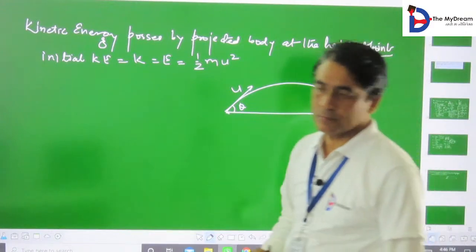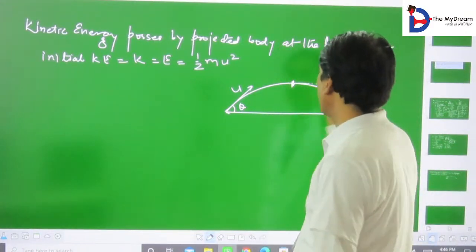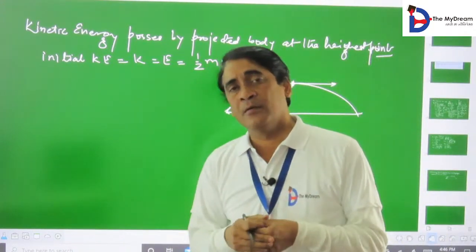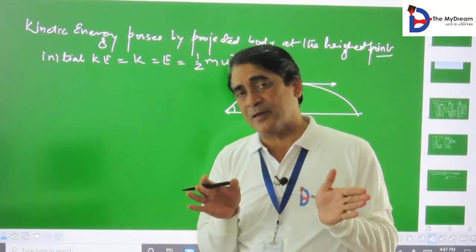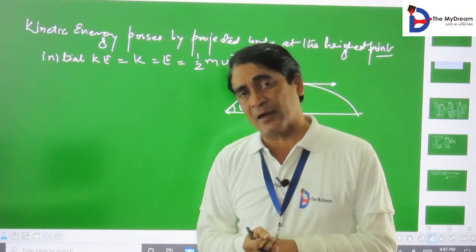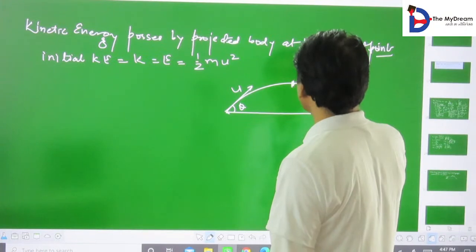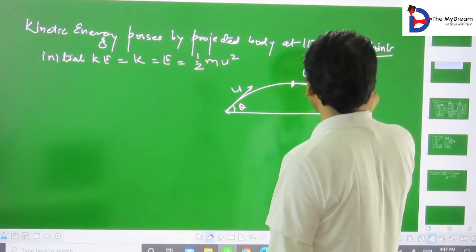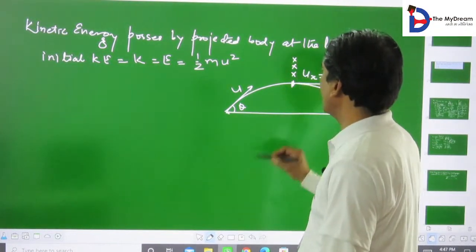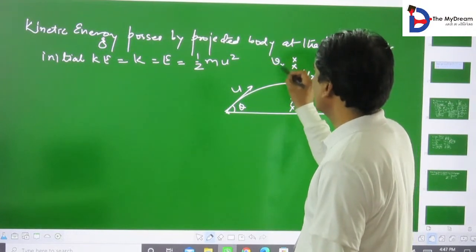But at the highest point, as we have already discussed in the previous session, there is only the velocity on the horizontal component, not on the vertical component. On the horizontal component, that is ux, which is equal to u cos theta. On the vertical component, the velocity is 0.